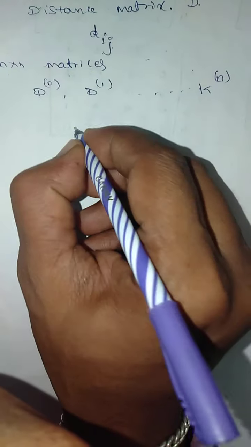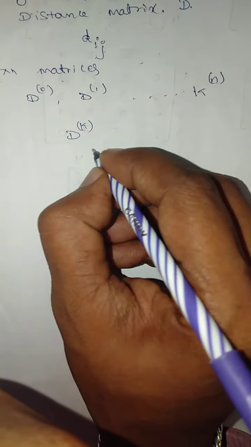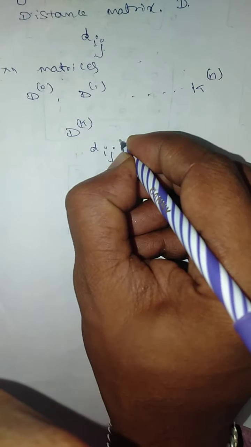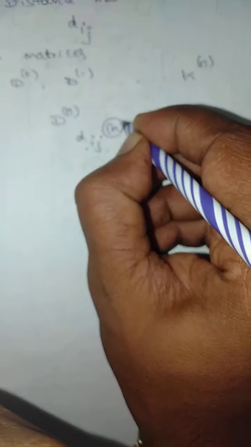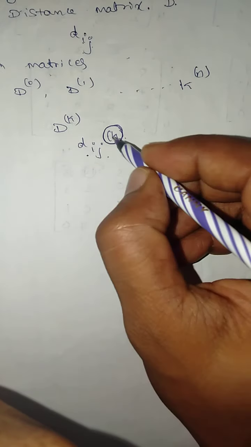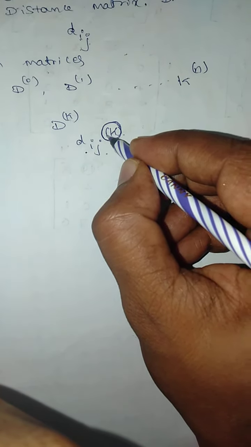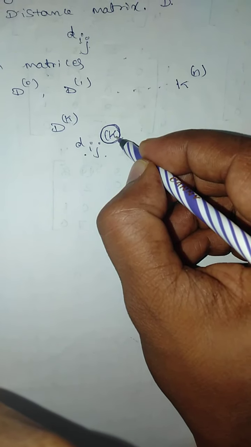Similarly, here also D of k: each element Dij of k indicates the length of the shortest path from vertex i to vertex j using all the vertices less than or equal to k as the intermediate vertices.